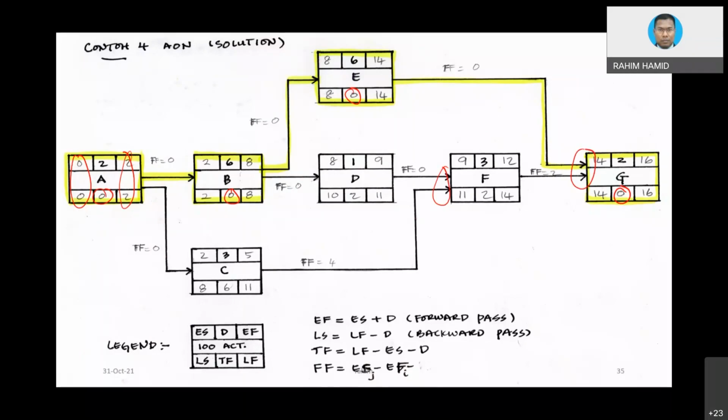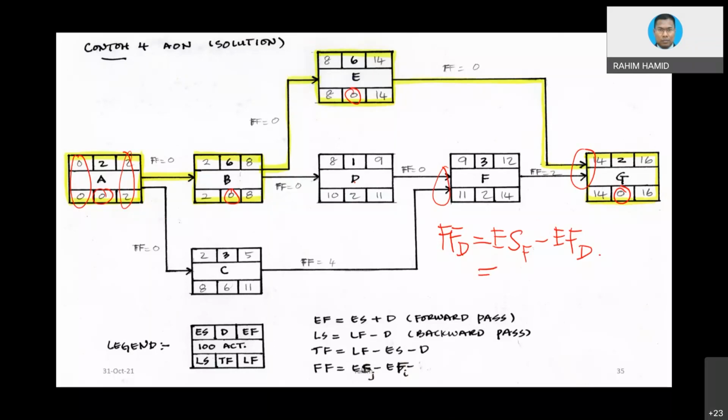The rest is okay. Now let's take a look at activity D. So free float for activity D is equivalent to, as usual, the formula: early start of the following activity, the following activity being F, minus early finish of D. So from this diagram, can you identify the early start of F?